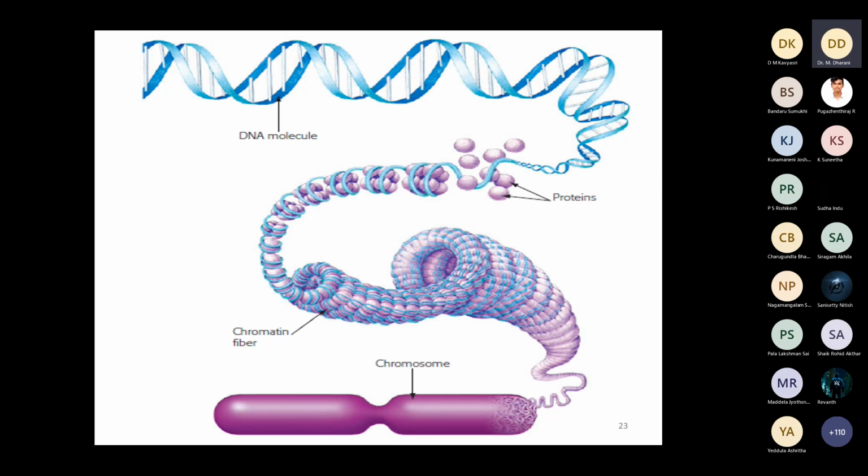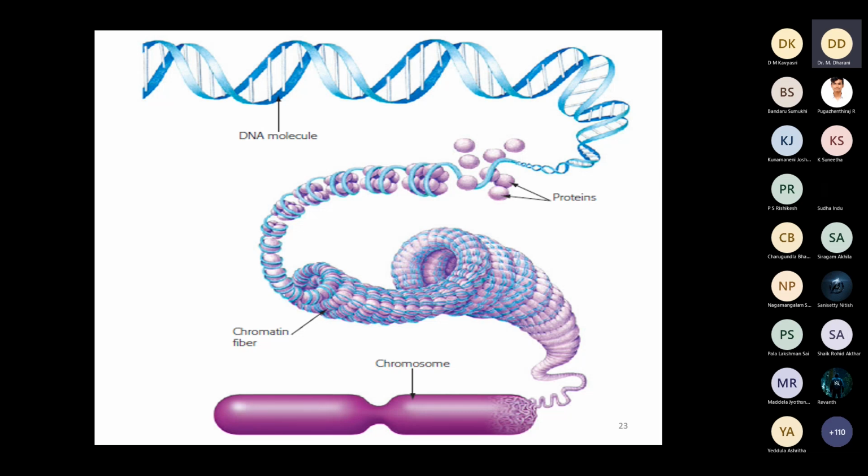Similarly, if from here till here entirely can code, if the information stored here can get converted into a protein, then that also is called a gene. So the functional unit of a DNA molecule is called a gene. Understood? A gene is nothing but a fragment, a segment of a DNA molecule.